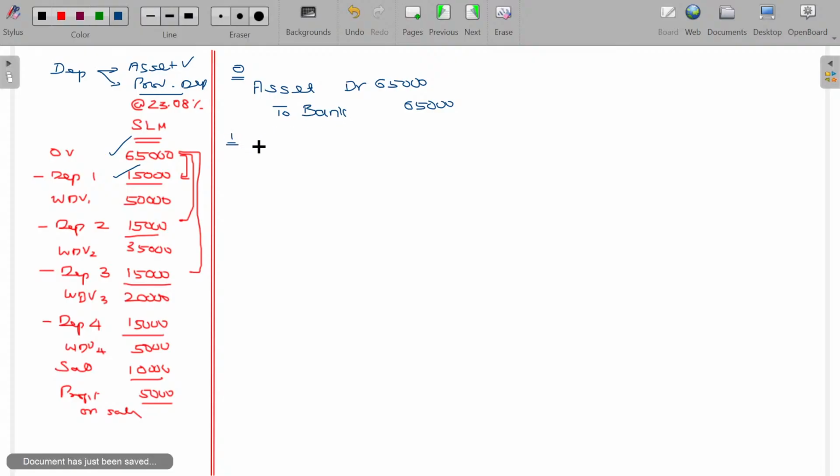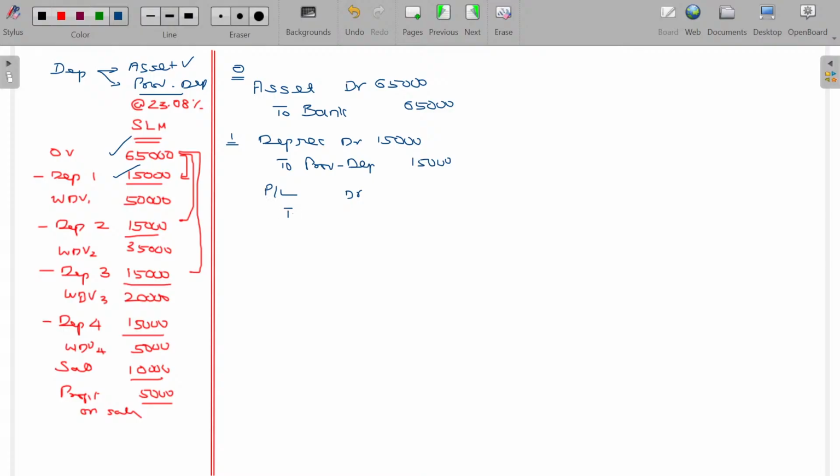By the end of first year, depreciation account debit, and that depreciation is transferable to provision for depreciation account, the value being 15,000. And depreciation being nominal account, transferable to the P&L account debit side. So P&L account debit to depreciation, value being 15,000.